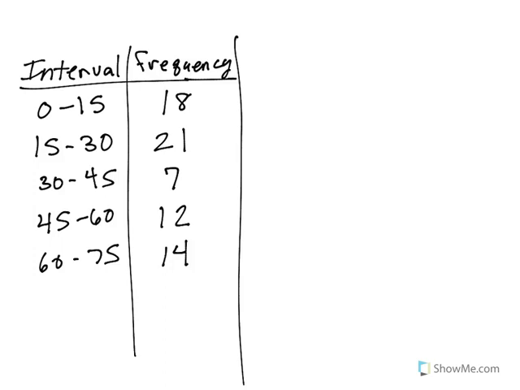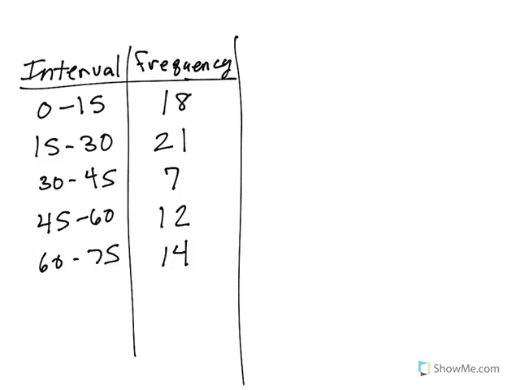So what this means basically is there are 18 numbers that fall somewhere between 0 and 15. Without knowing the exact value of each one of those 18 numbers, how can I add them all up and divide? Well, we can't.